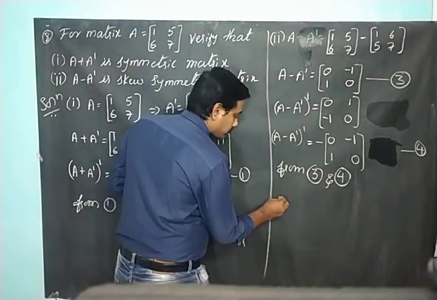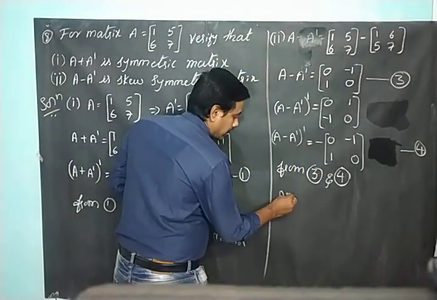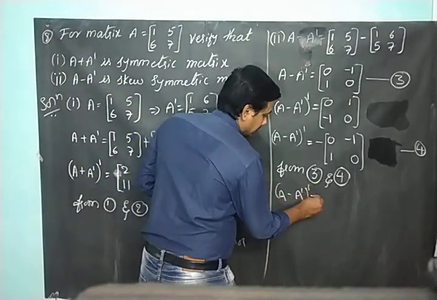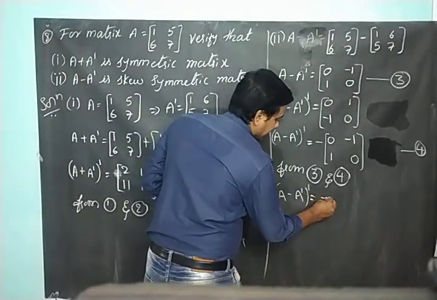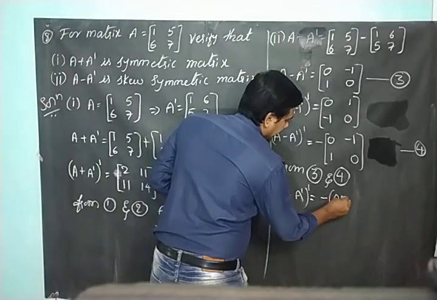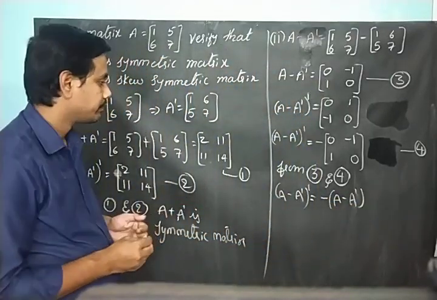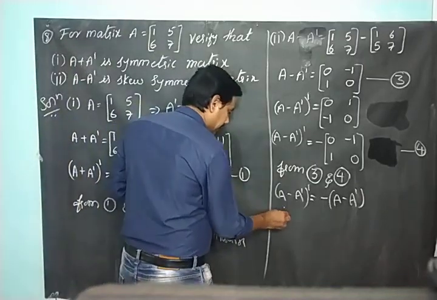So (A minus A transpose) whole transpose can be written as minus of (A minus A transpose), right?